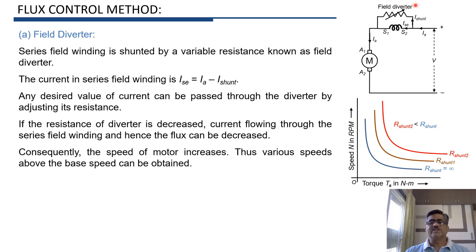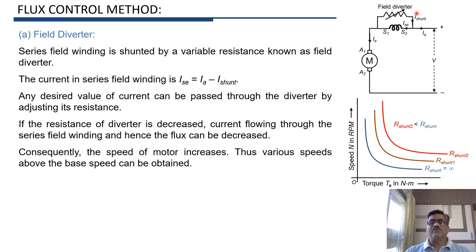So if this R shunt is infinite, IA and ISE will be equal. So field current will be maximum. Because of that, flux will be maximum and speed will be minimum. So this is the speed torque curve if R shunt is equal to infinity.